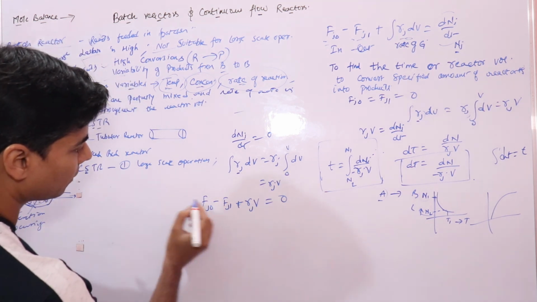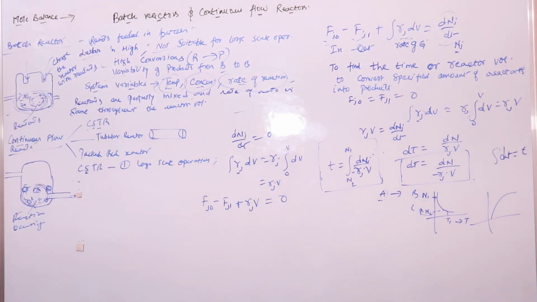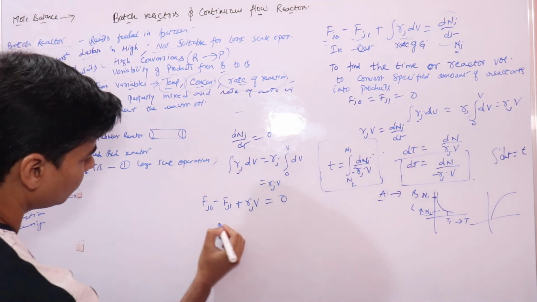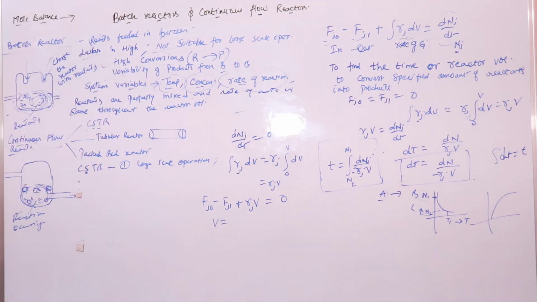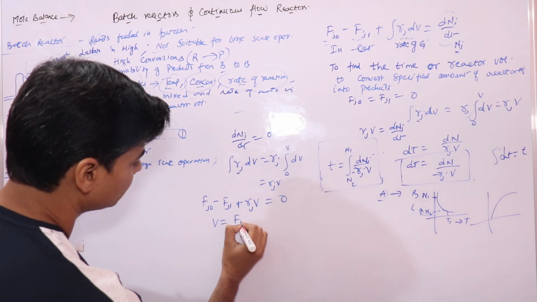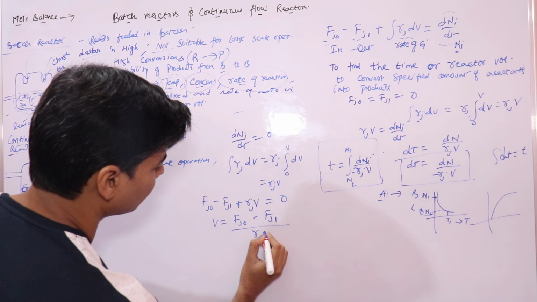With simple mathematics, the volume would be equal to Fj0 minus Fj divided by minus Rj.